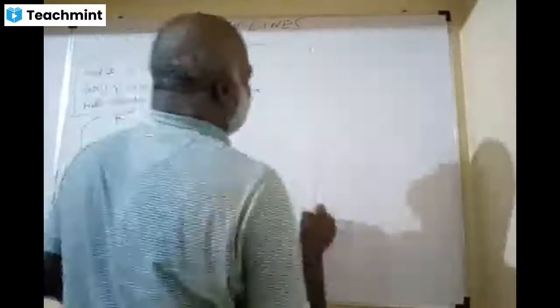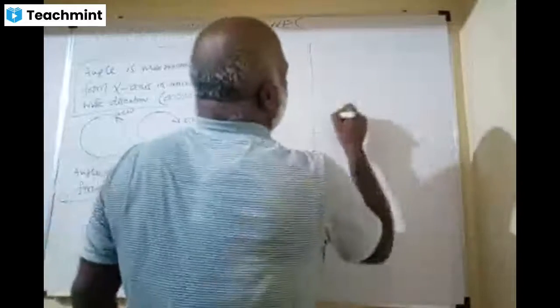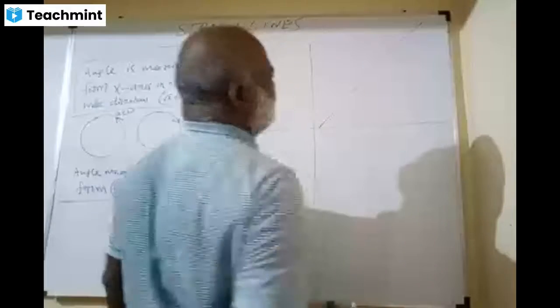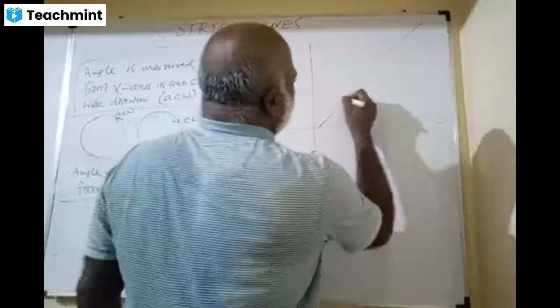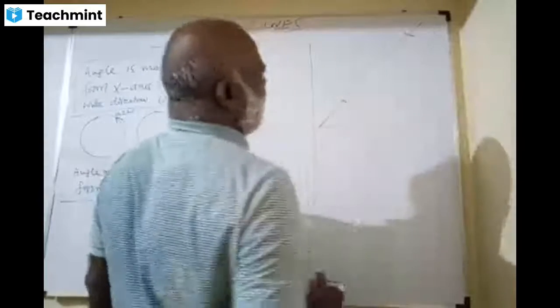See, this is a coordinate system. I have drawn a line here. Anywhere you can take two points here.